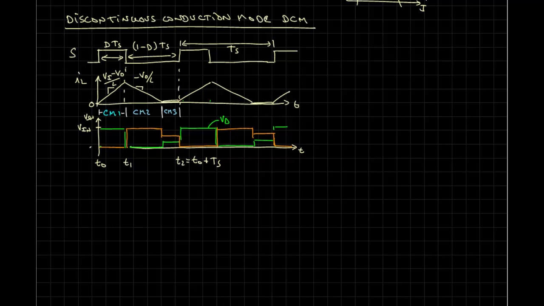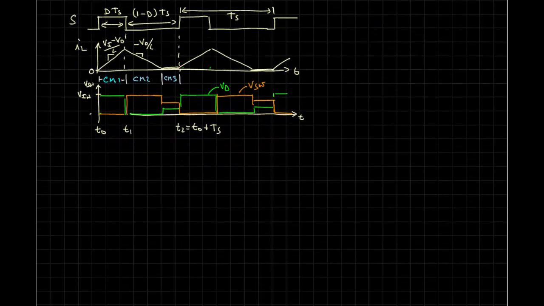V diode, V switch. Fortunately, the diode voltage and the switch voltage are not the critical signals that you have to understand for understanding the overall circuit operation.